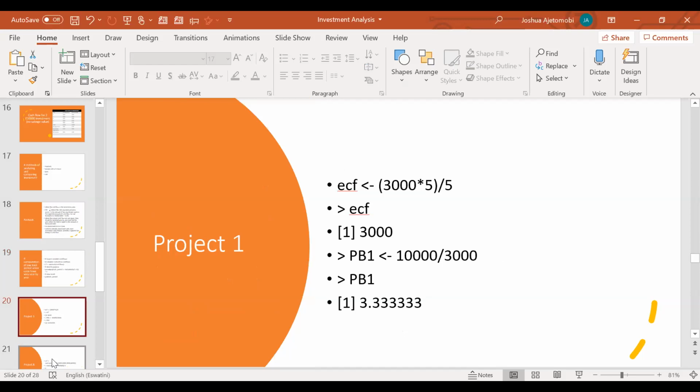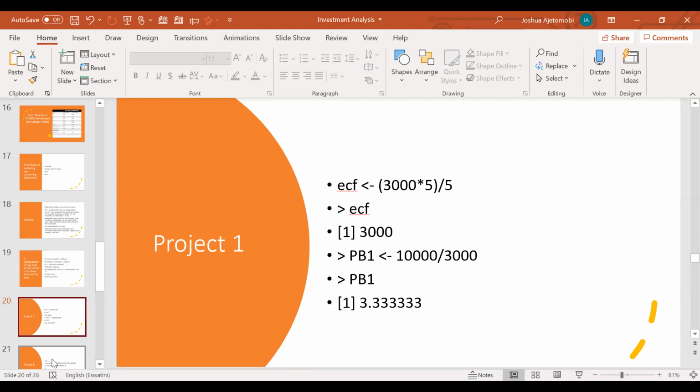So for instance, in the first one, if you want to use R, we have our ECF, which is expected cash flow. Our expected cash flow equals 3,000 multiplied by 5, that is 5 years, divided by the number of years, which is 5. And that gives us 3,000.